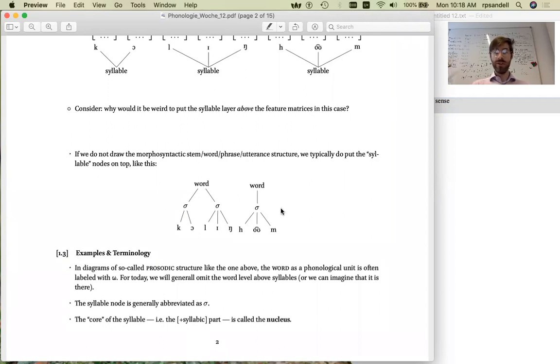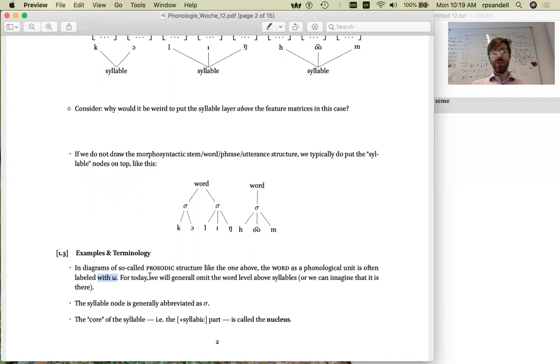So these diagrams are often called diagrams of so-called prosodic structure, and here the adjective prosodic simply means that we are talking about phonological information above and beyond the segments. And in such diagrams, the word, when we mean the word as a phonological unit, that's often labeled with a Greek omega.